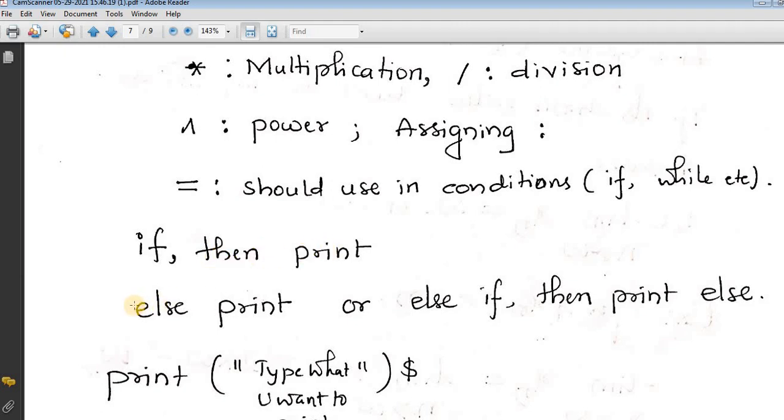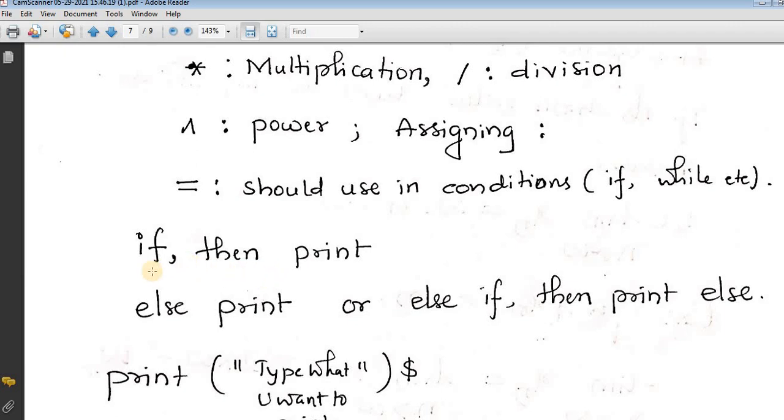Then again another form: if, then print, afterwards else if, then print, else. It will come in this sequence when we are using the if else statements.